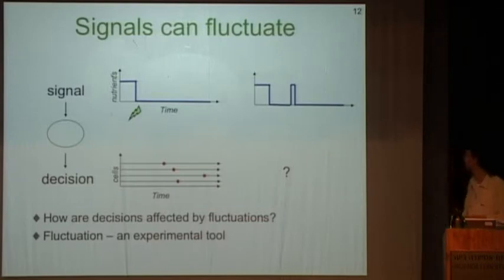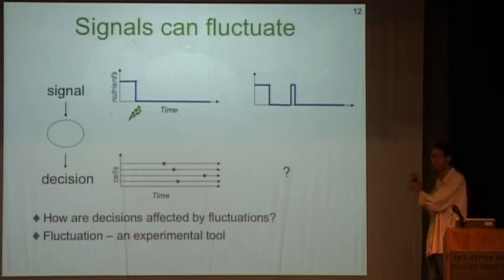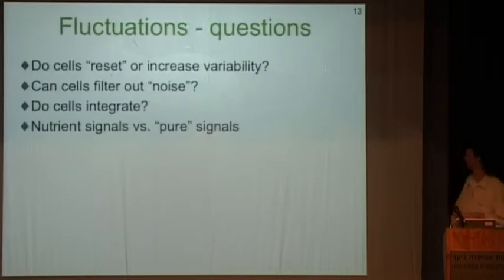The flip side of the coin, which might speak to the engineers here, is that fluctuation is a powerful tool to study the dynamic properties of systems. You can use it to study specific components in circuits and how they behave dynamically.